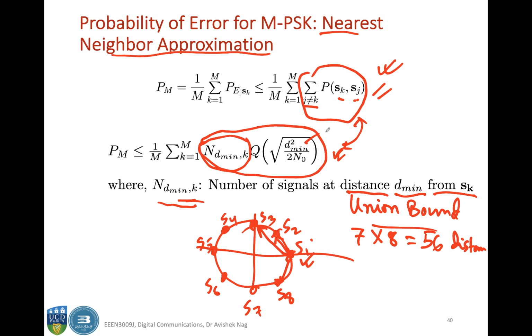So you can have the union bound, and then you can also have the nearest neighbor approximation as well, and you can calculate an approximate value of the probability of error, and you can comment that the probability of error lies between certain range of values.